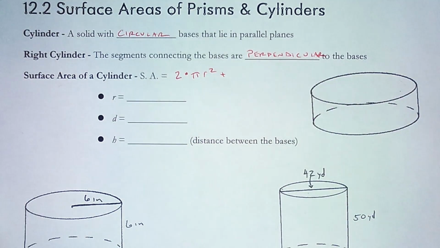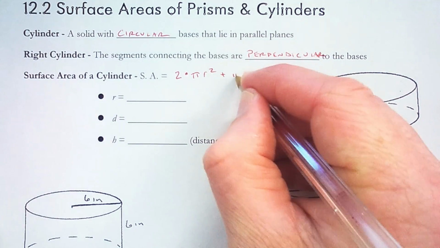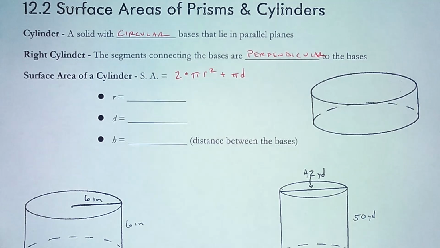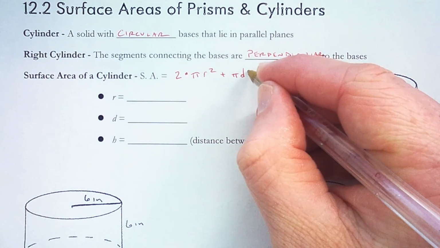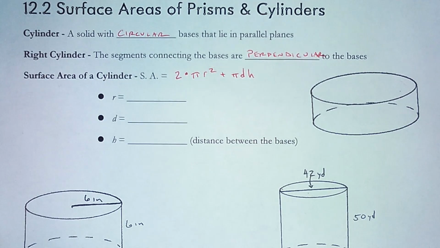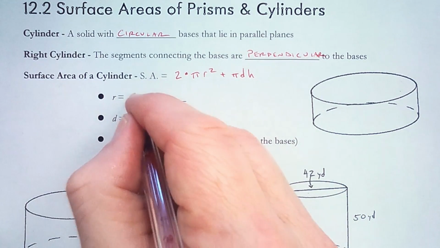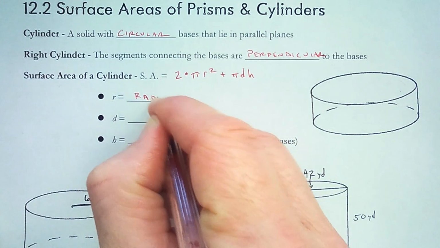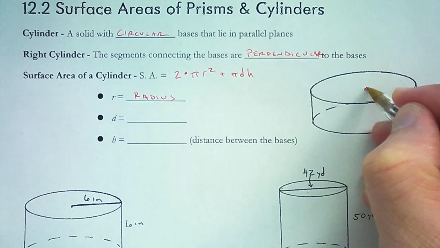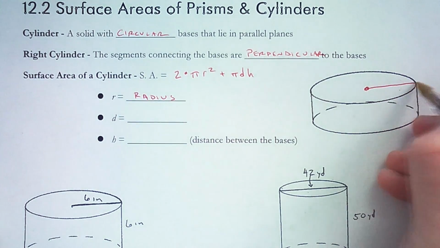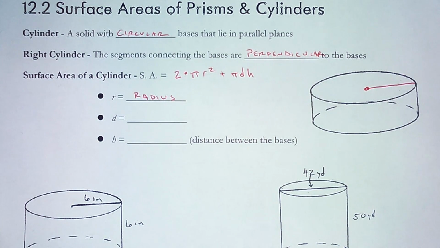Plus, and then in a cylinder it's perimeter times height, but the word for perimeter when you're dealing with a circle is circumference, and that is pi times diameter. So that takes the place of perimeter, and then that is multiplied by the height of the cylinder. So r here is for the radius, which is halfway across a circle.